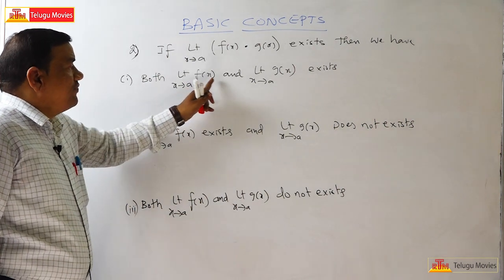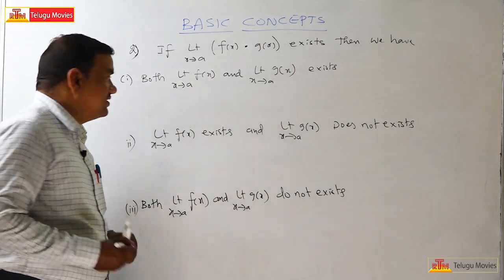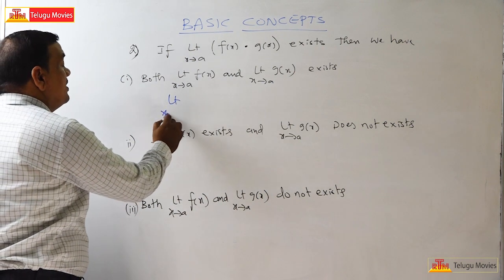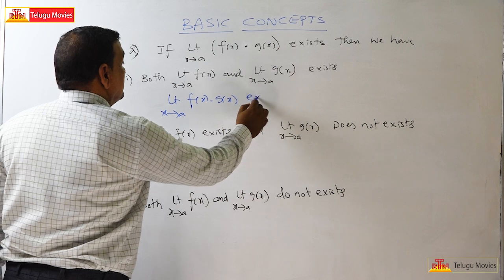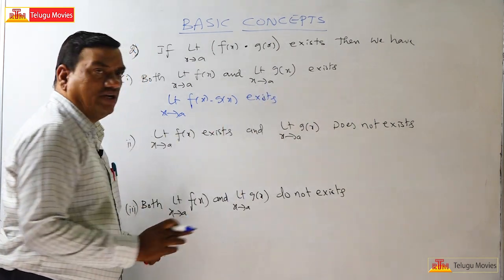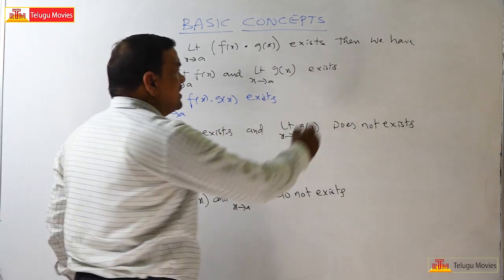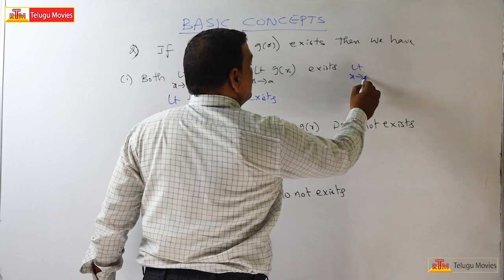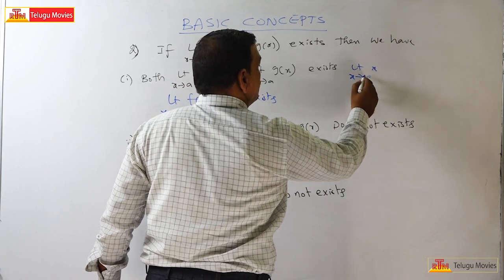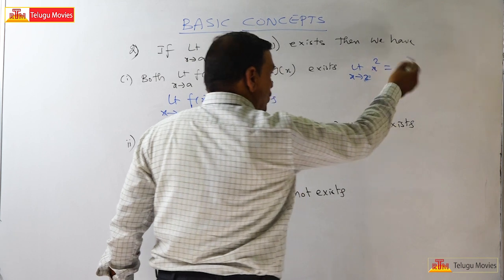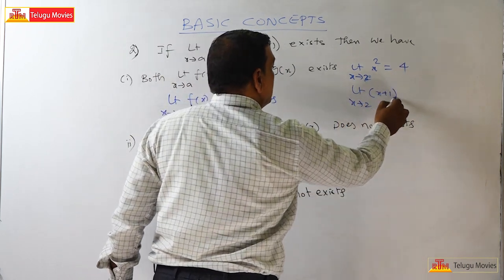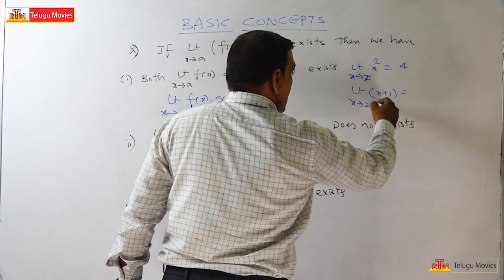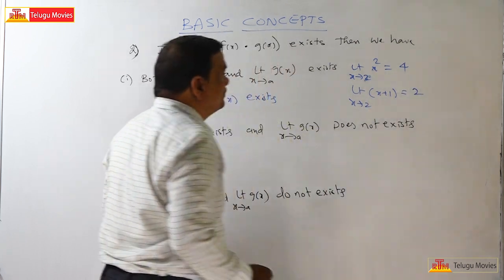If limit x tends to a of f of x and limit x tends to a of g of x exist, then obviously limit x tends to a of f of x into g of x exists. There is no doubt in it. For example, a simple example: limit x tends to 2, x square, how much? 4. Limit x tends to 2, x plus 1 is equal to how much? This is equal to 3.